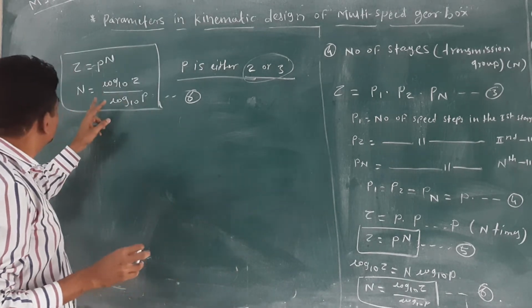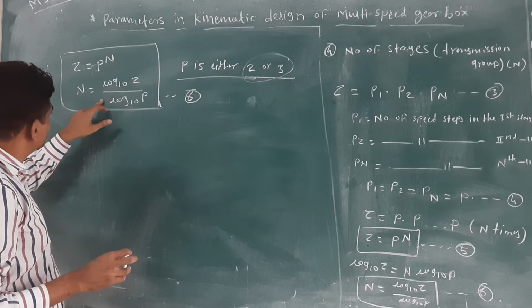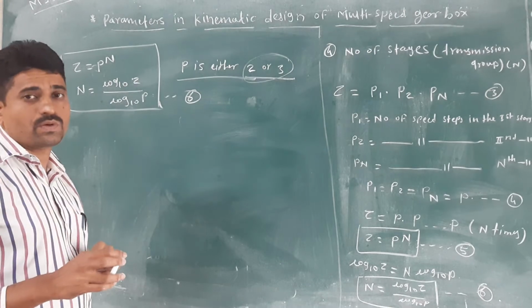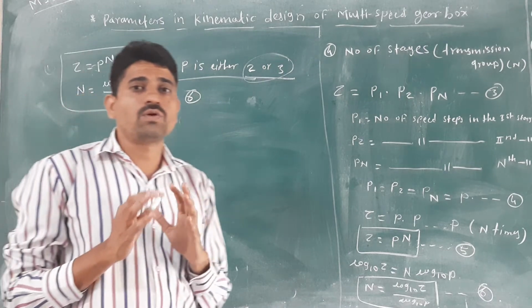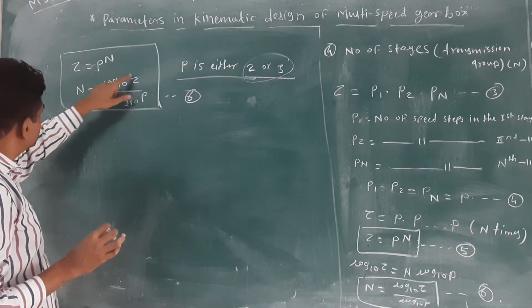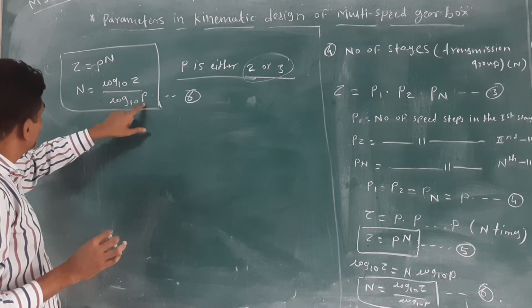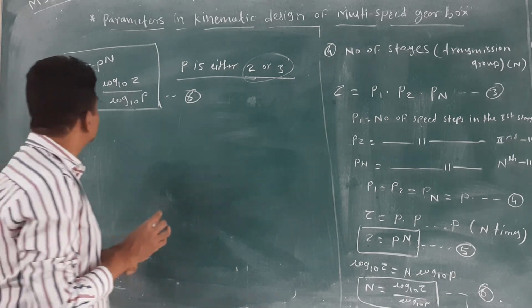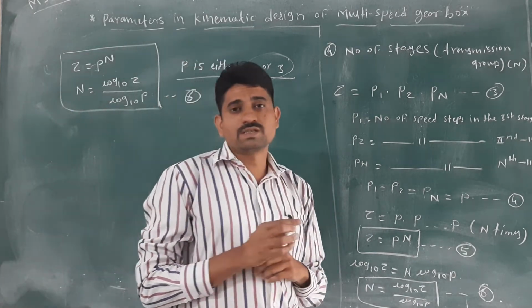If you don't get the integer value from equation 6, then you should modify equation 5. If you have not got a whole number with the help of that equation, n is equal to log 10 z divided by log 10 p, then we want to modify this equation, Z is equal to p raised to n.